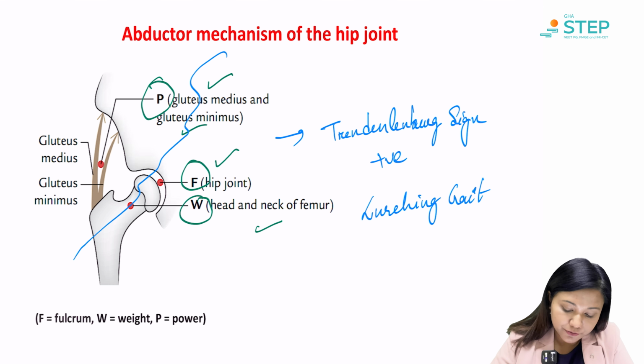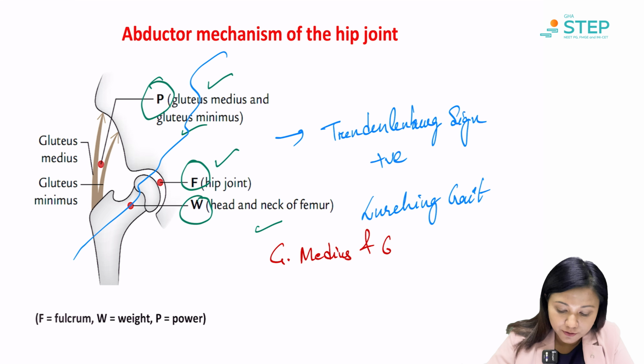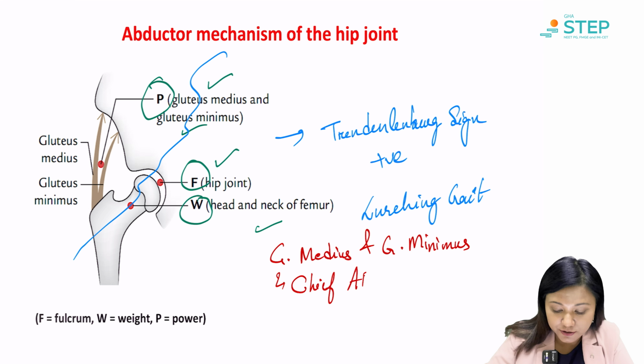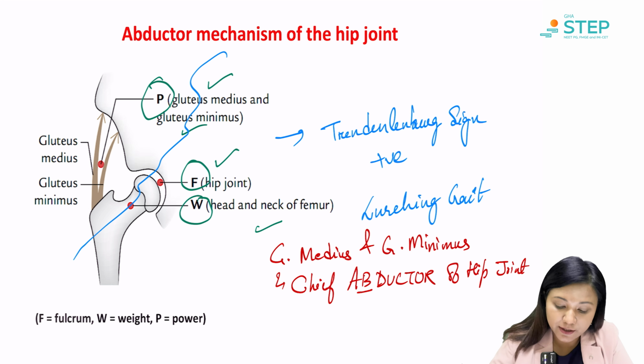One more thing to concentrate on in this entire topic: the gluteus medius and gluteus minimus are the chief abductors of the hip joint.